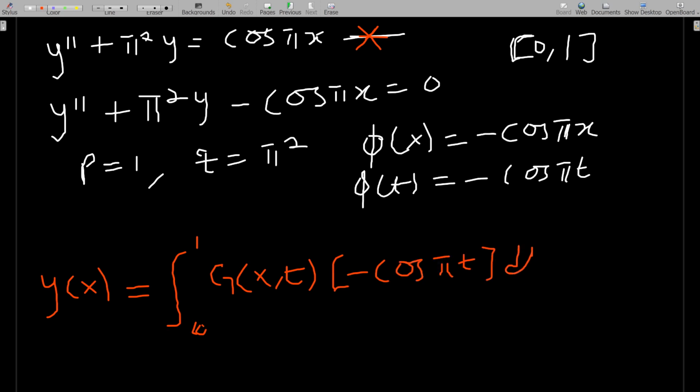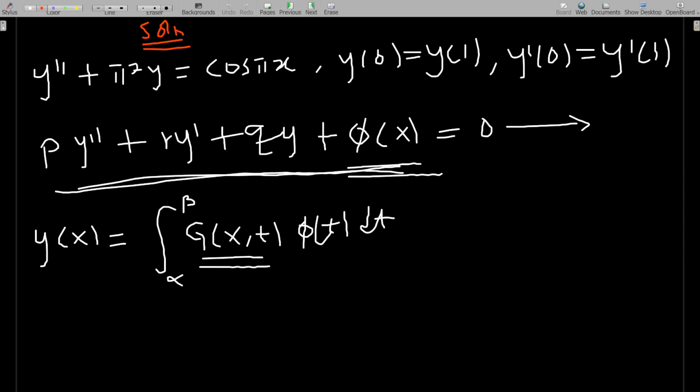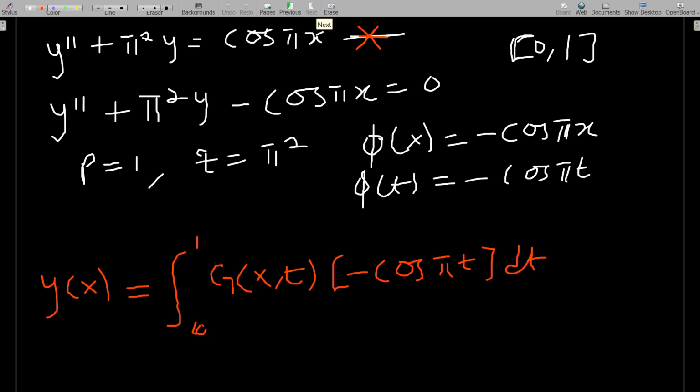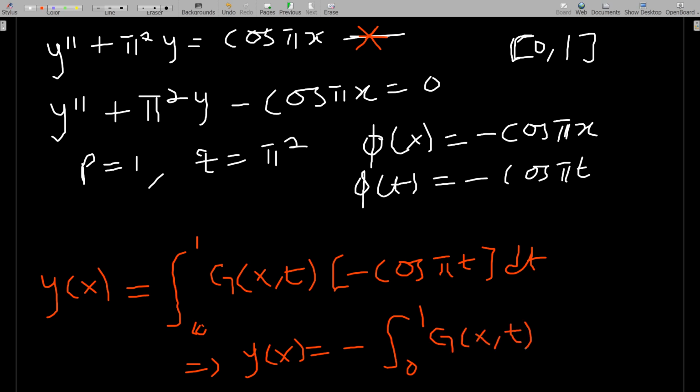This implies that my y of x will be equal to minus the integral from 0 to 1 of g of x,t cos pi t dt. So all that you will just go and look for is our g of x,t, then put it here and we'll solve our BVP. So let's go ahead and look for the g of x,t.